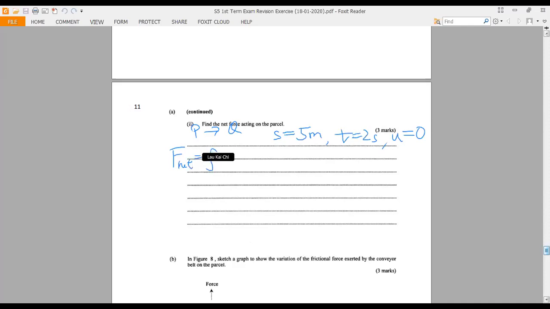So friction is equal to MA. We're looking for this, but we don't have the value of A yet. We may calculate that from this equation, S, T, U, and we find A. This is the equation we did.